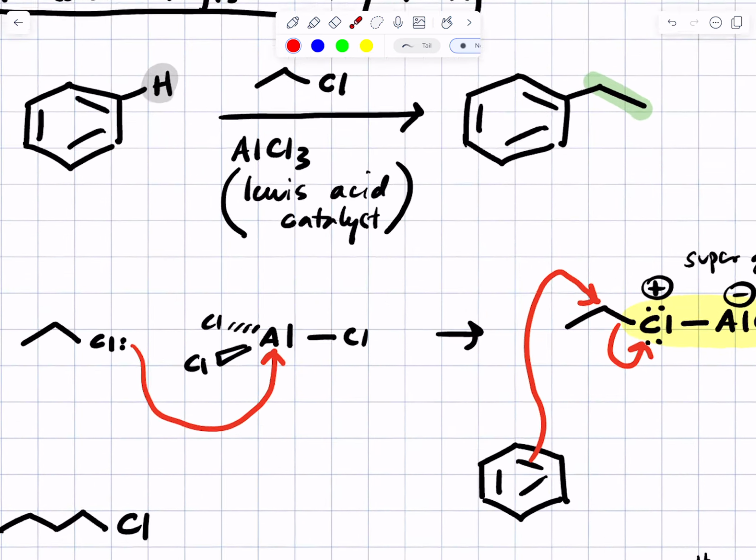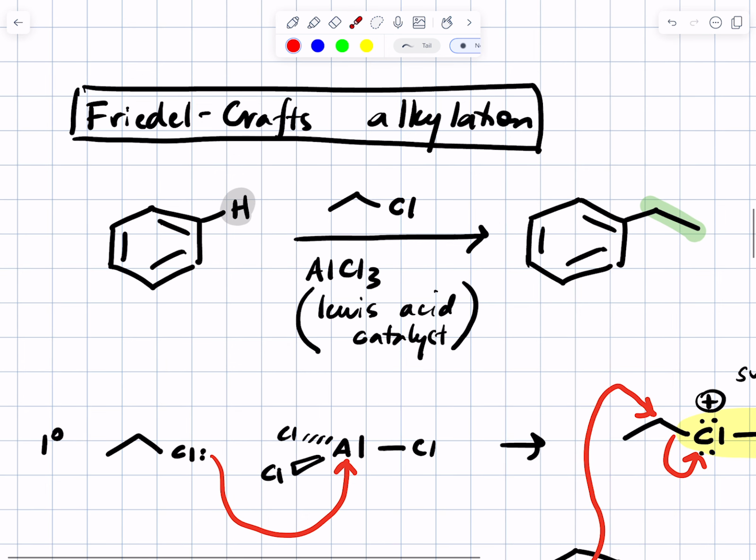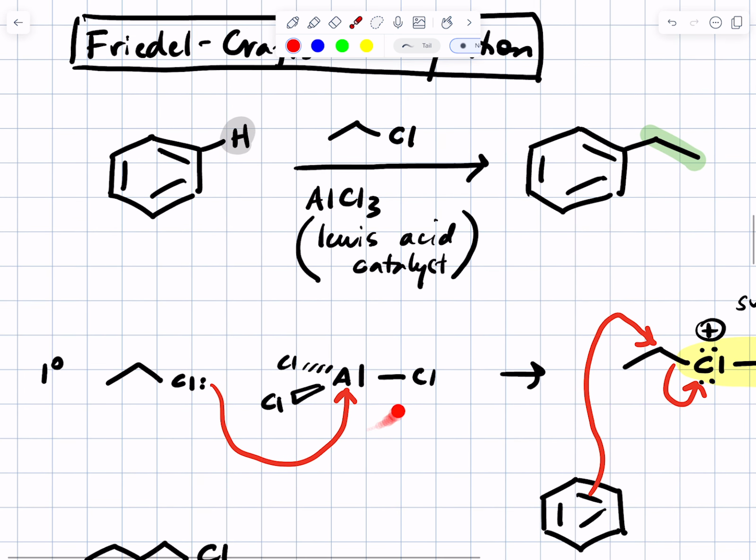One other thing I will say about the Friedel-Crafts reactions, we're not ready to talk about this yet, but the presence of that aluminum catalyst with the empty p orbital on the aluminum is really important. Anything that might interfere with or bond with that aluminum or donate its electron density into the empty p orbital can interfere with the Friedel-Crafts reaction.